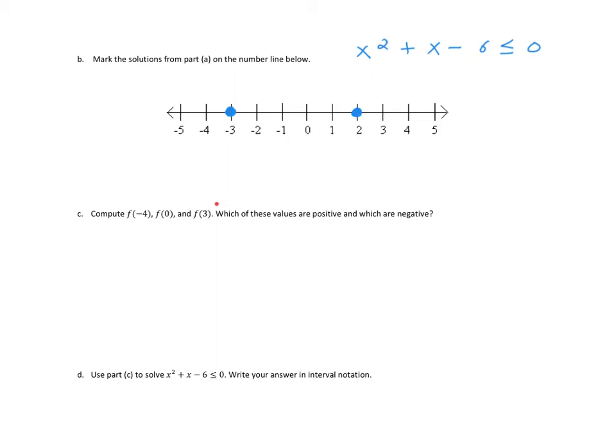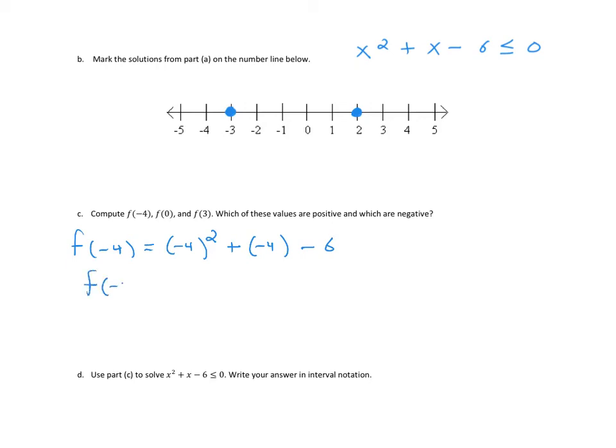This is really easy to do if you have a calculator, but essentially what we're doing is we're taking the function, and I'm going to start by putting a negative 4 in place of all of the x's. So, is this positive or negative is all I really care about. So I'm going to compute this in my calculator, and the value that I get at negative 4 is positive 6.